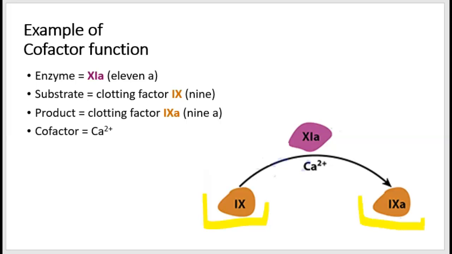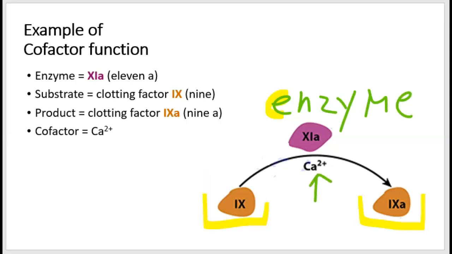So this is activated clotting factor 9. In order for that to happen, there's an enzyme, and calcium acts as a cofactor for the reaction to take place. If you did not have this cofactor calcium present in your blood, this clotting factor 9 couldn't be activated and you wouldn't form a blood clot.